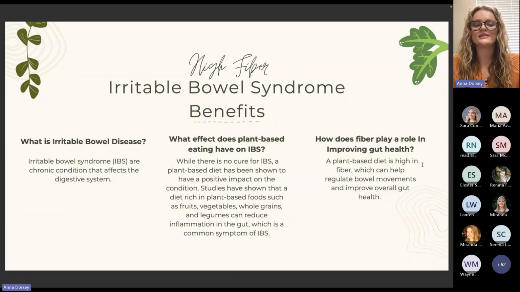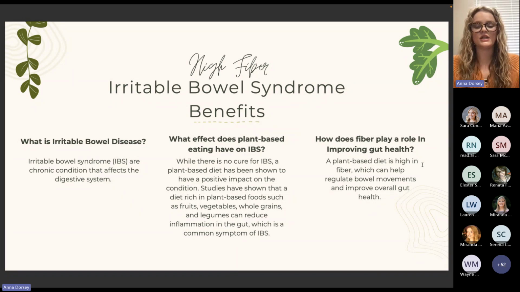We do know that it is caused by inflammation, and where the inflammation comes from is dependent on the person and the case; there's not a known specific cause. Studies have shown, though, that a diet that's really rich in plant-based foods, such as the Flexitarian diet, which has all the components of fruits and vegetables, whole grains and beans, reduces inflammation in the gut, like we've been talking about.